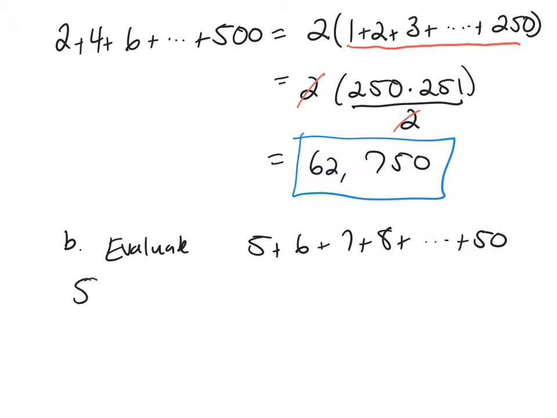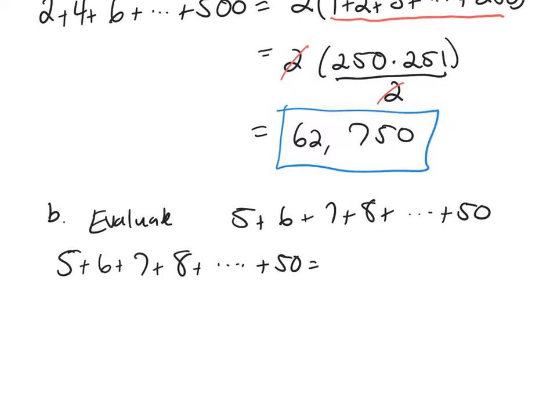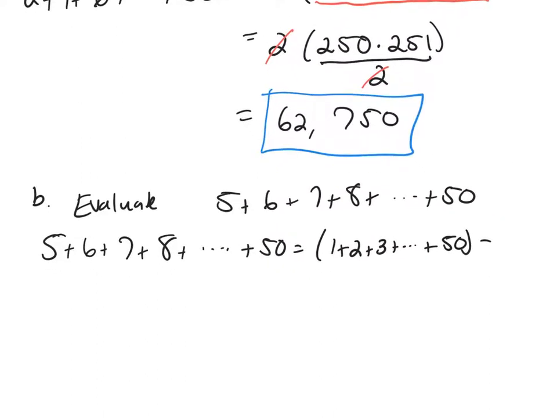So I'm going to take this, and again I want to use my formula to help me out here, but I'm missing some terms. Which terms am I missing? I'm missing the numbers 1 up through 4. So let's add them in and then subtract them away.